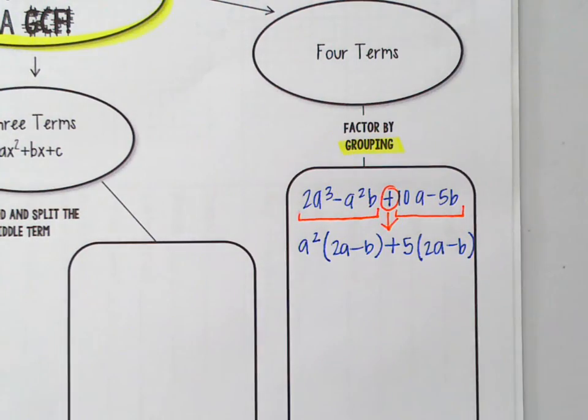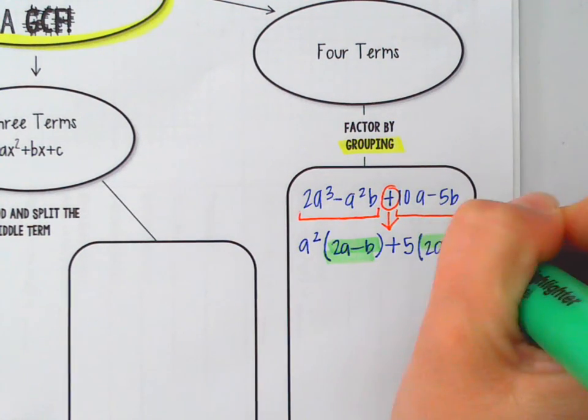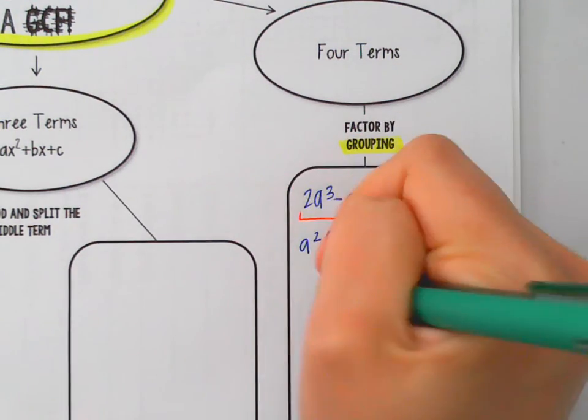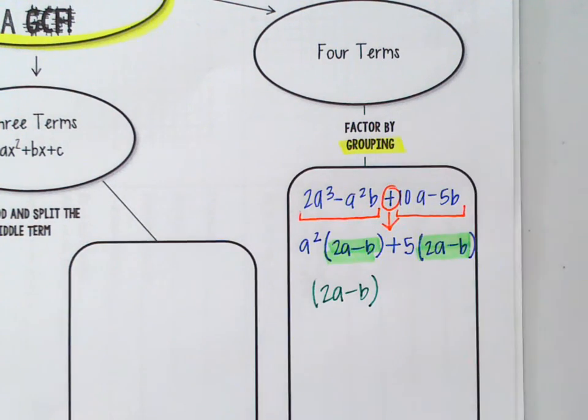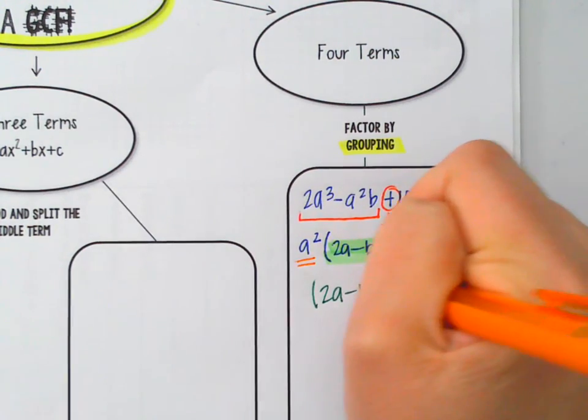Now remember, for this to work, these have to be the same. Since those are the same, we can write it as 1 factor: 2a minus b. And then we write as the other factor what's left: a squared plus 5.